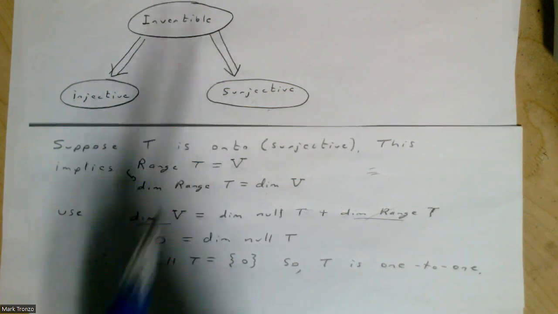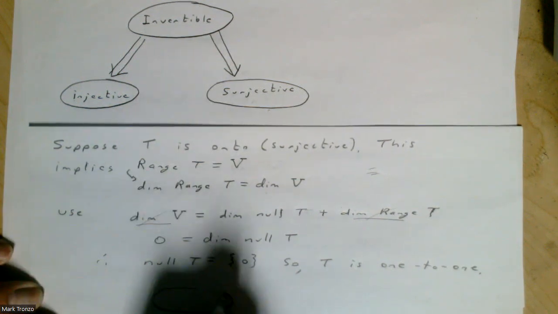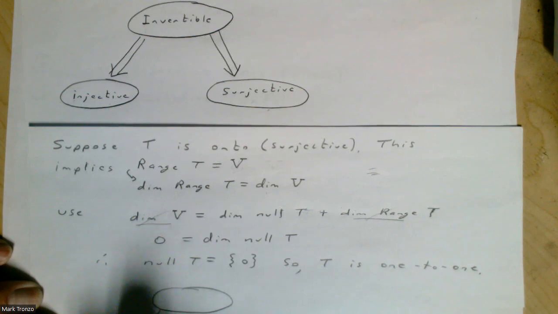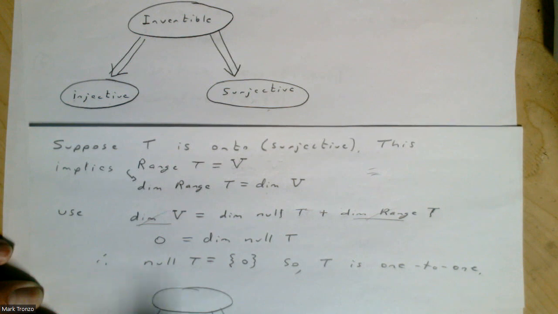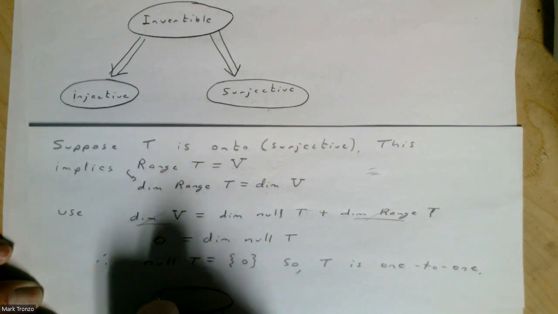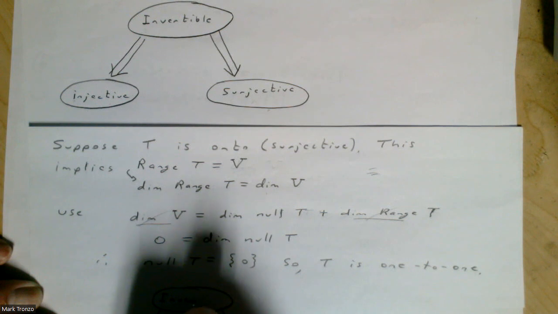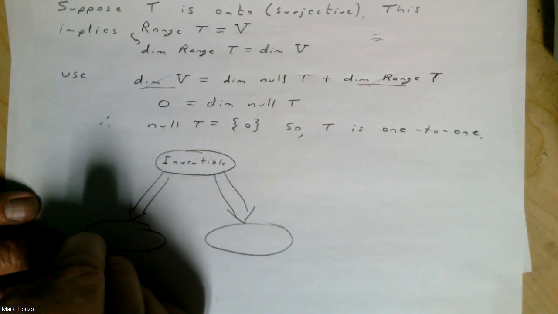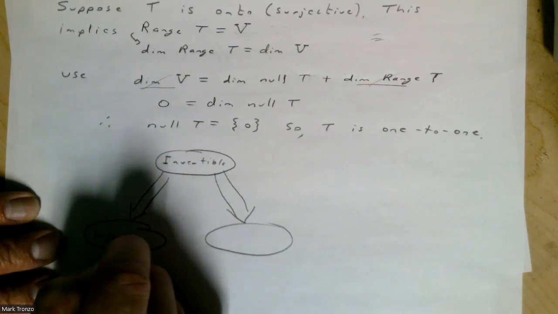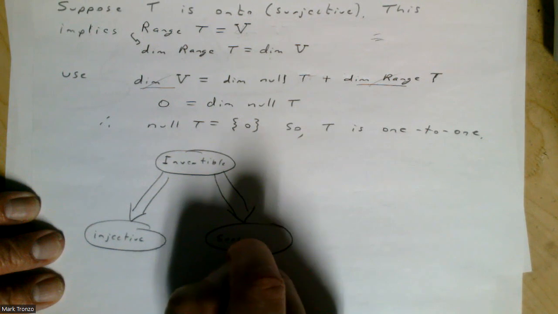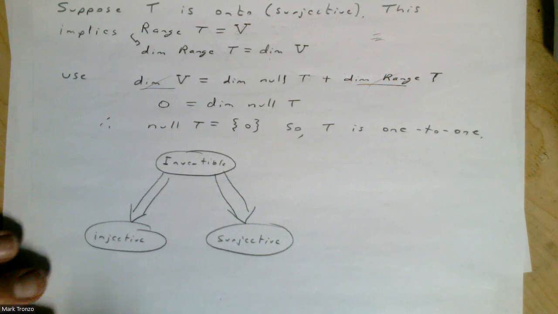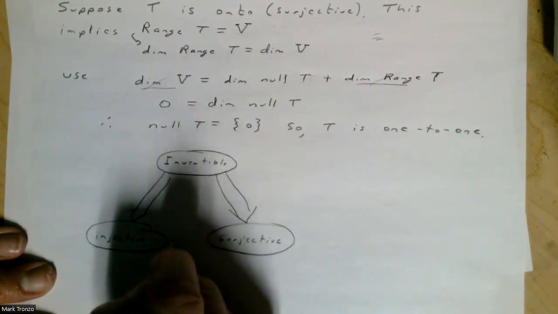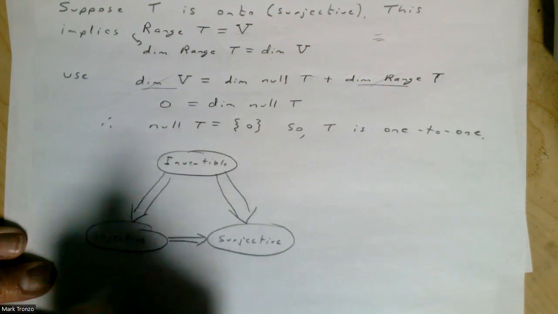So we start out with this. Now we showed that if something's injective, then it's surjective.